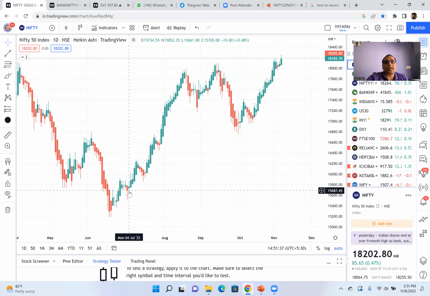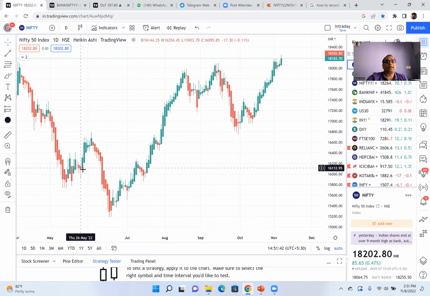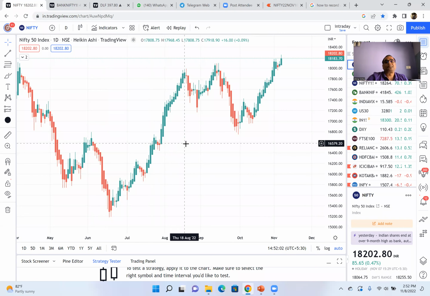These are the cases where you would hit the SL, these kind of consolidation areas. But some of the trends you're getting are solid. Here, you're getting a solid bearish move. Here, you're getting a solid bearish move. From 19th July till 22nd August, you are pretty much long.